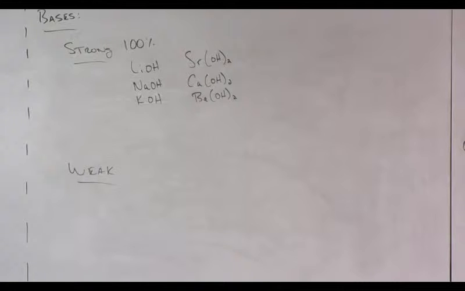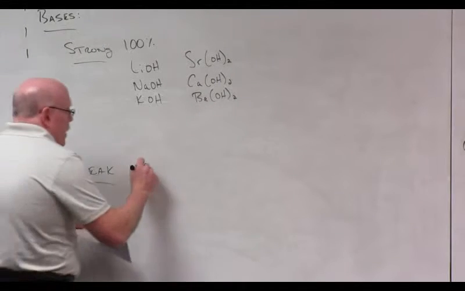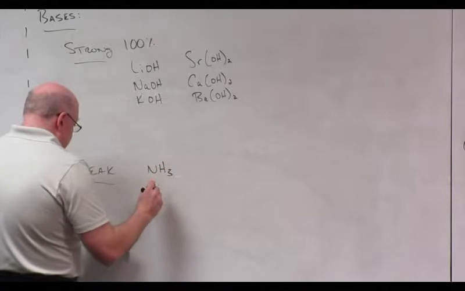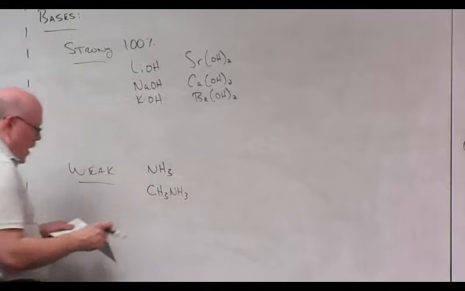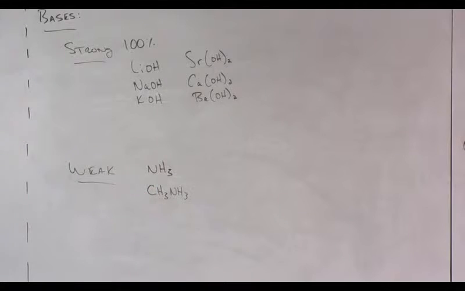The weak list is much longer. Commonly, NH3, CH3NH2, and there's tons more of those. But because they're weak, they're going to have an equilibrium constant assigned to them. There's Ka for the acids.